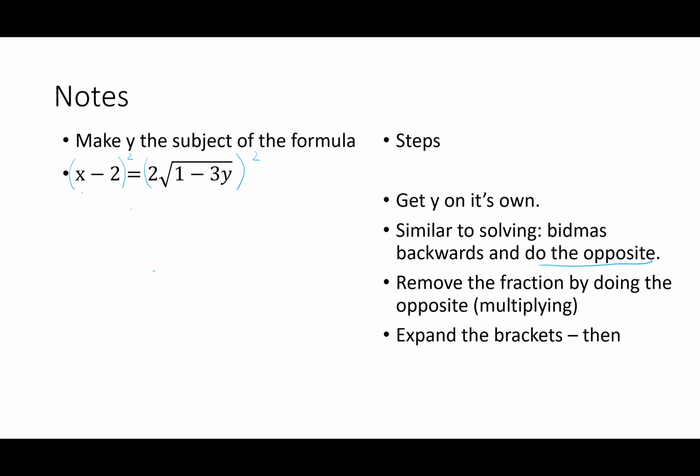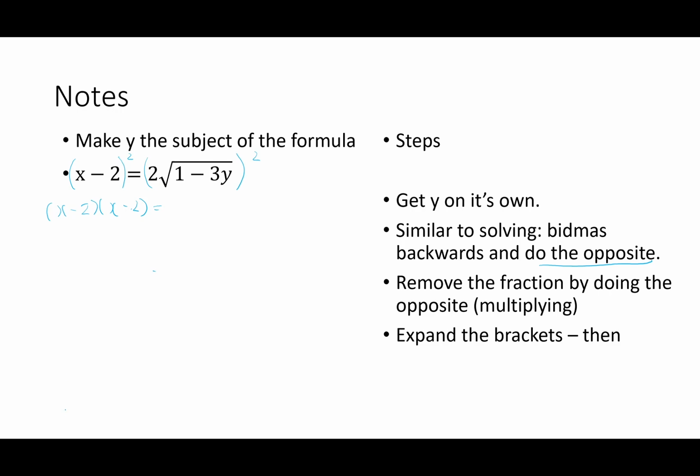So if you have two terms being added or subtracted, all to be squared, that topic is expanding double brackets. So I'm talking about x minus 2 times x minus 2.